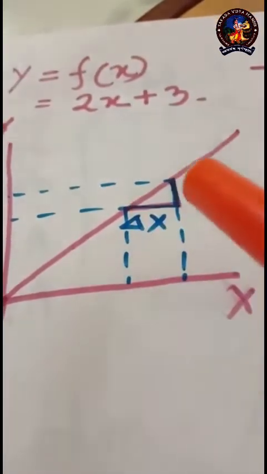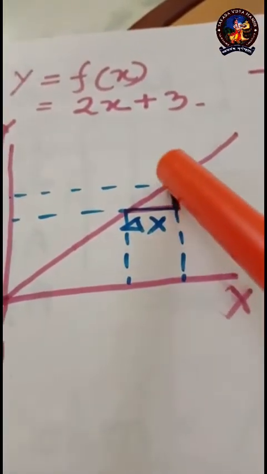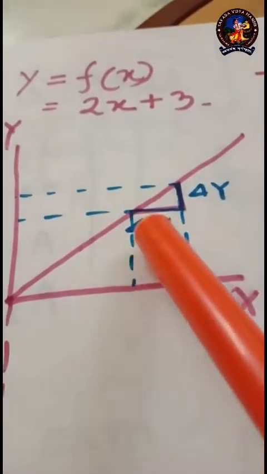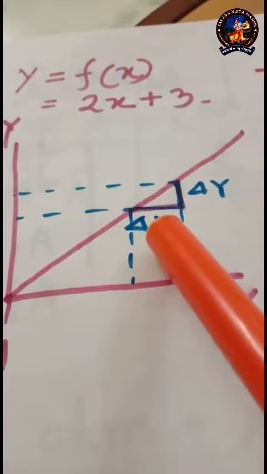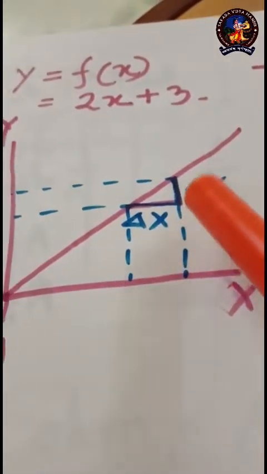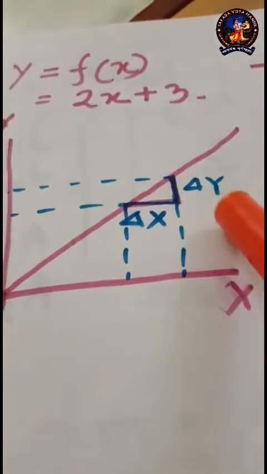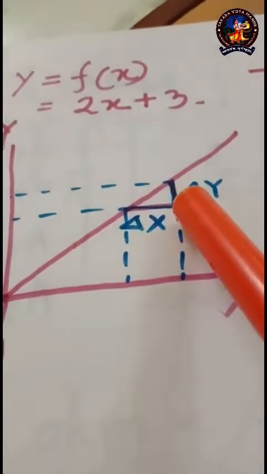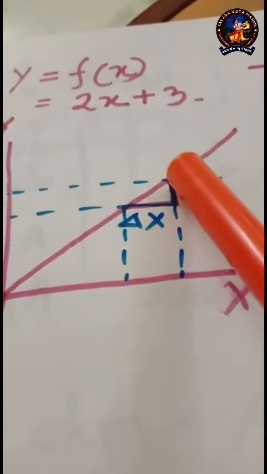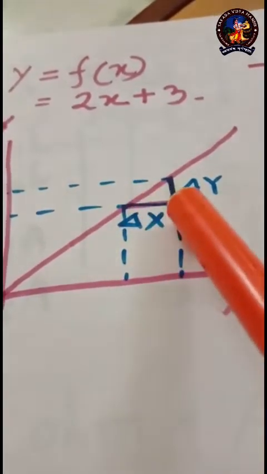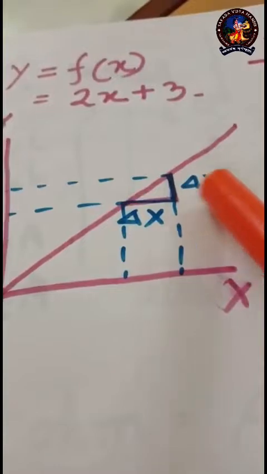Now I take that very small section of the y axis as del y and that small section on the x axis as del x, and del means nothing, it is representing a very small thing. Del y, why have I given it? Because I have taken a very small amount on the y axis, and because I have taken a very small amount on the x axis, that is del x and that is del y.